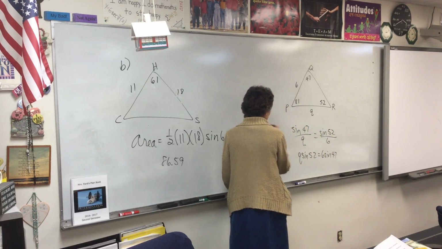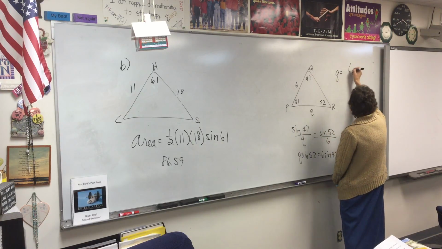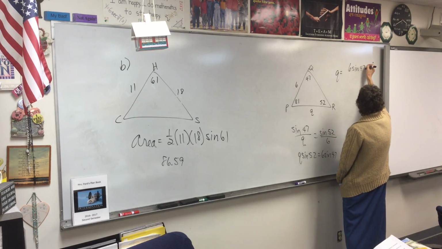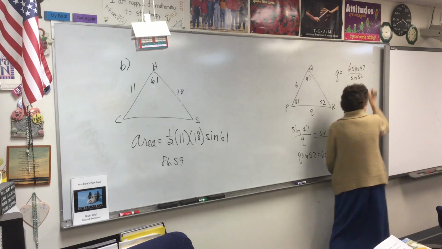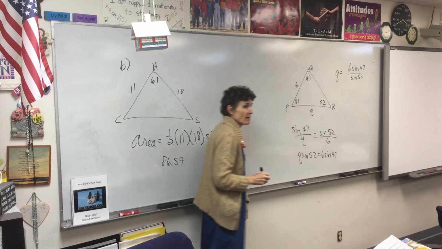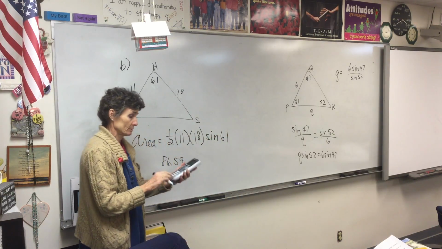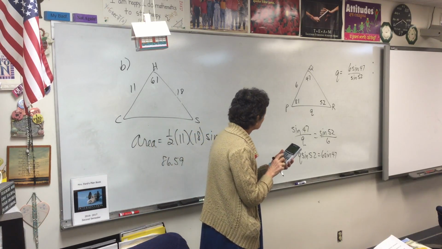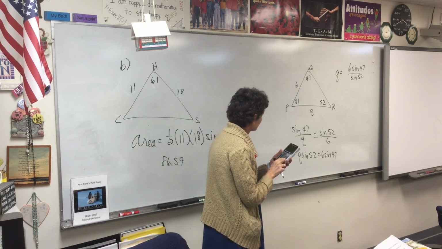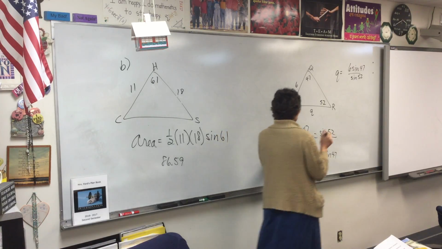And I'll divide. So Q ends up equaling 6 sine 47 over sine 52. Is that right? You okay with that? All right, so what is side Q? About 5.57.